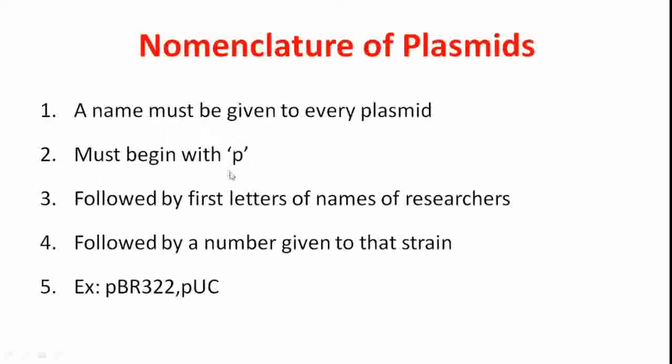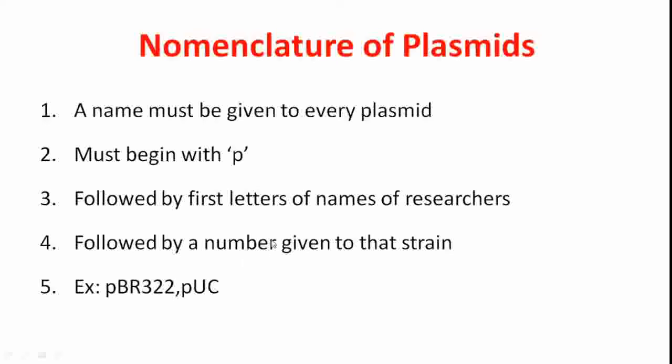After the small p come the first letters of the names of the researchers, whoever invented or manufactured that plasmid. The first letters of those scientists' names are given in the second and third positions, followed by a number. Every plasmid may or may not have a number.